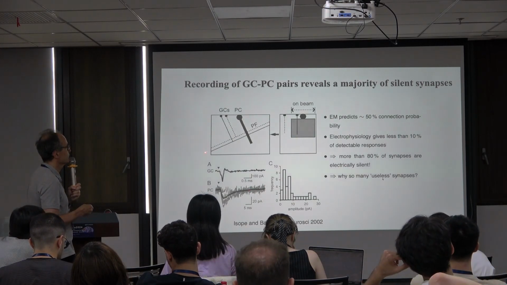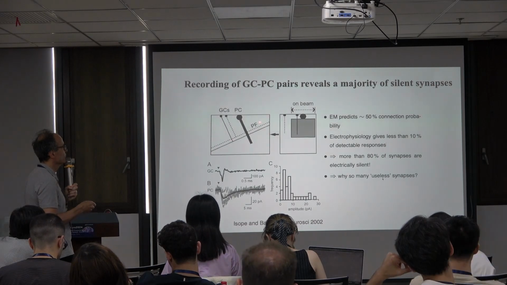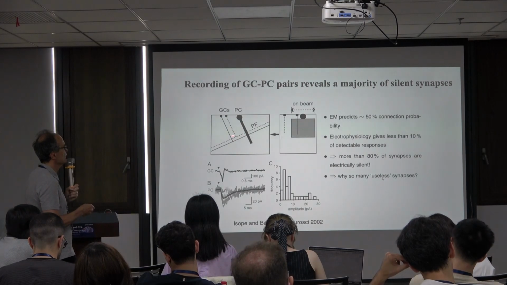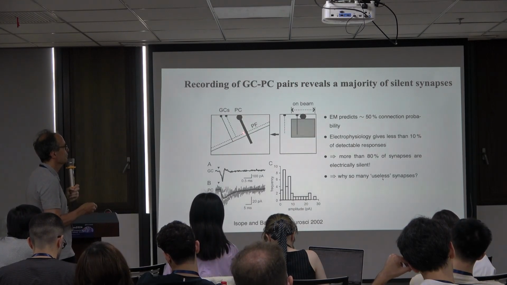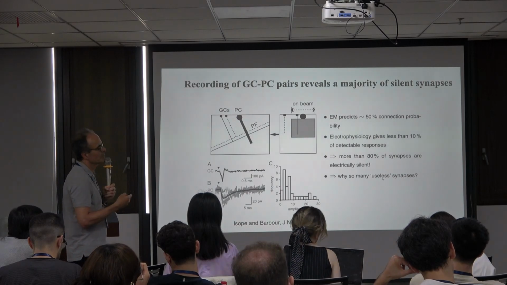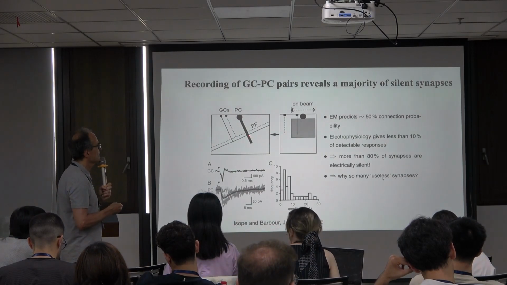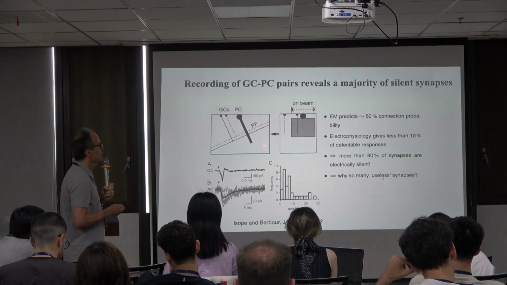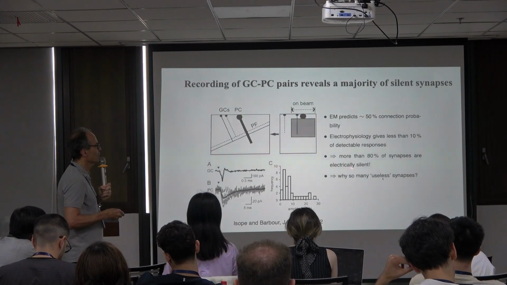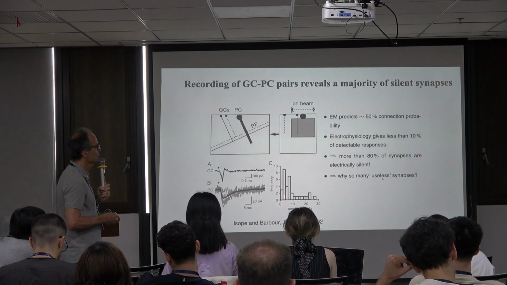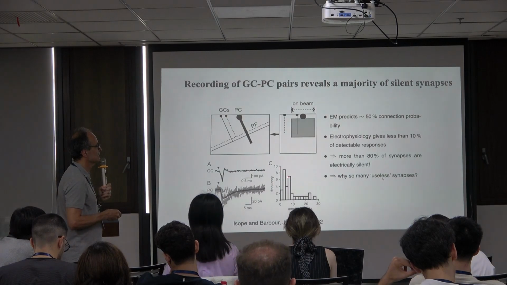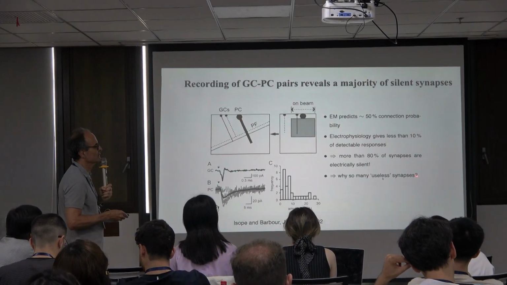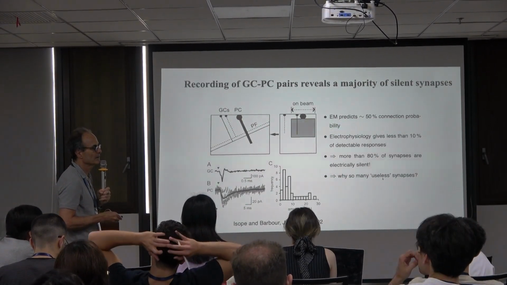But with the anatomy here, people have looked, and they estimate that when the granule cell traverses the Purkinje cell, there is a probability of 50% that it makes a real synapse, if you do electron microscopy. So here there is a puzzle: why do you detect so few synapses? Why are there so many silent synapses? Why are there so many useless synapses?